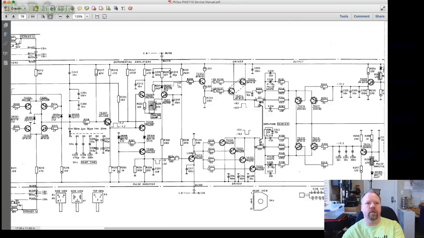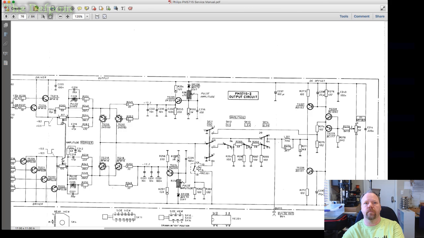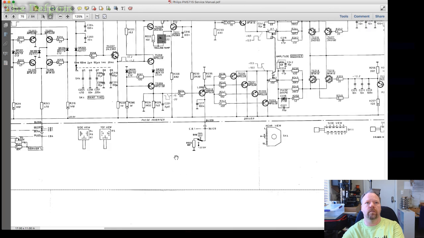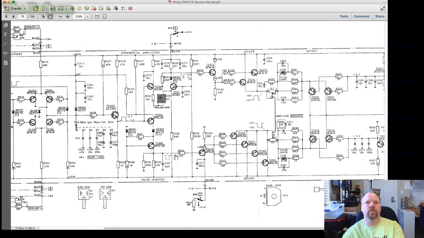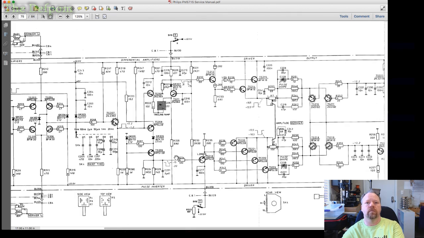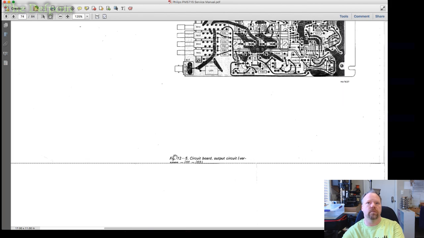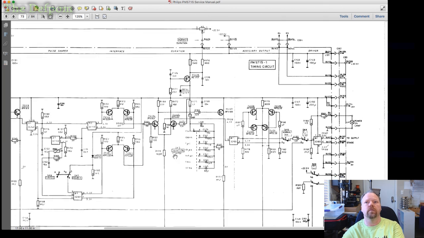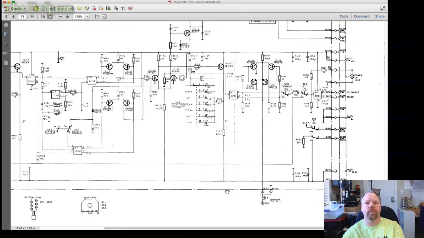Try and find a better view to look at. Where are we? Past it. Now, here we go.